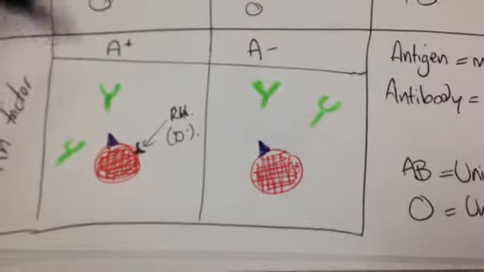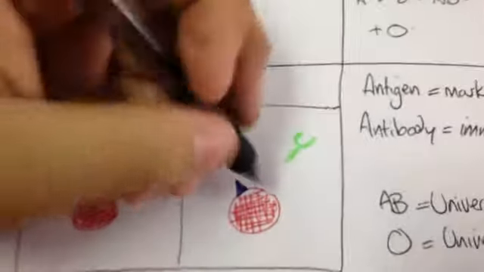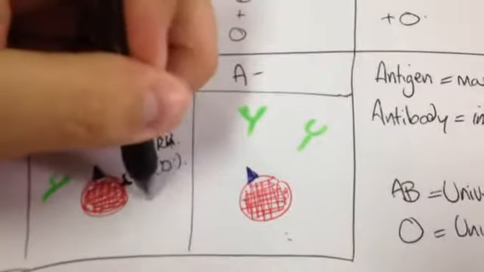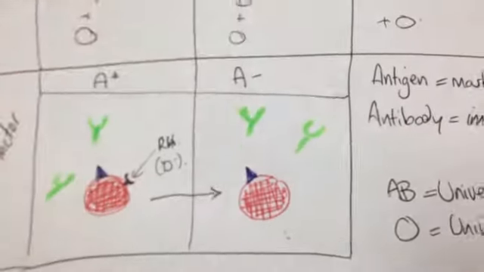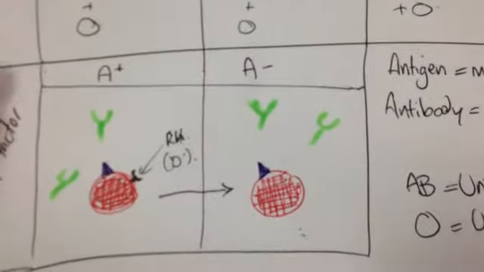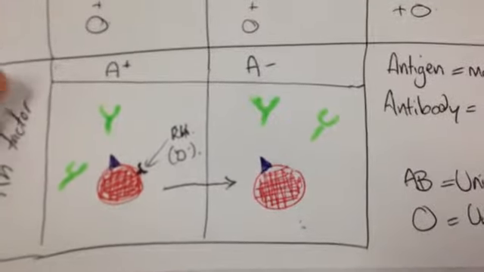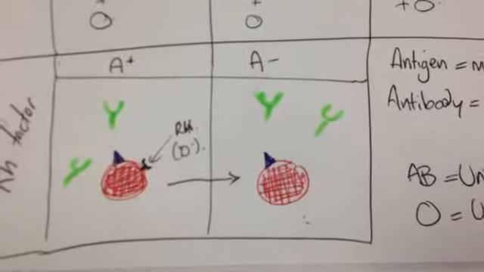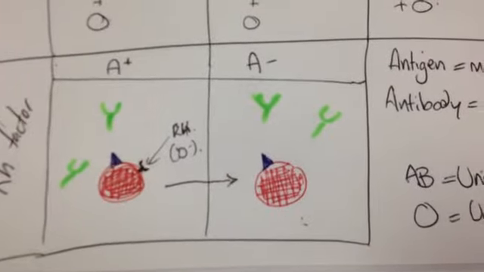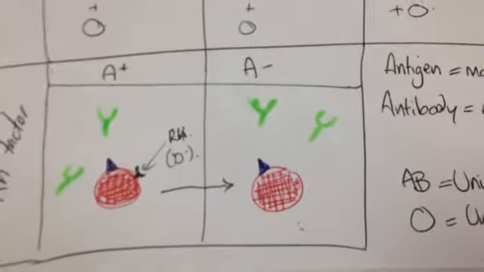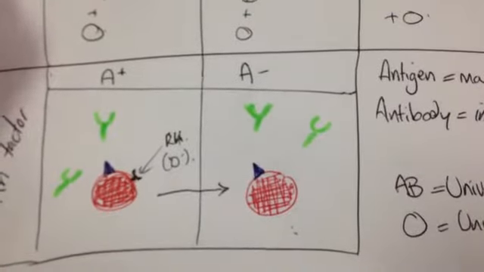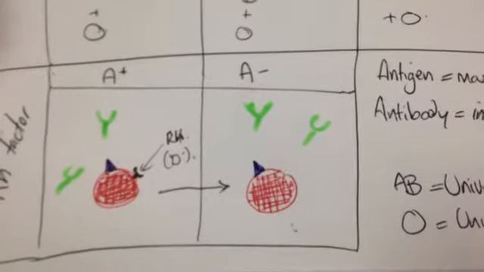We're going to give him A positive. So let's say this person's bleeding out. He needs blood. We're going to go ahead and give him blood with a positive D antigen on it, as well as an A. So his immune system's going to see this D antigen, and it's going to start to not like it. So it's going to fight against it.